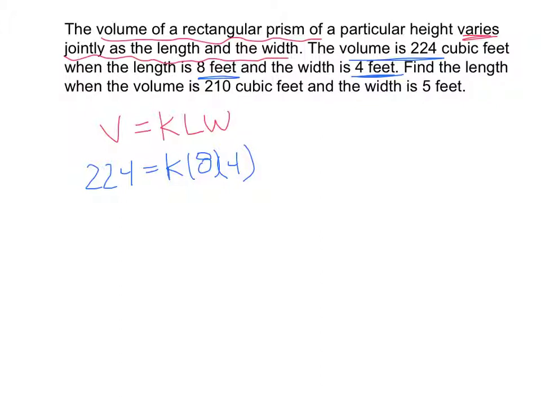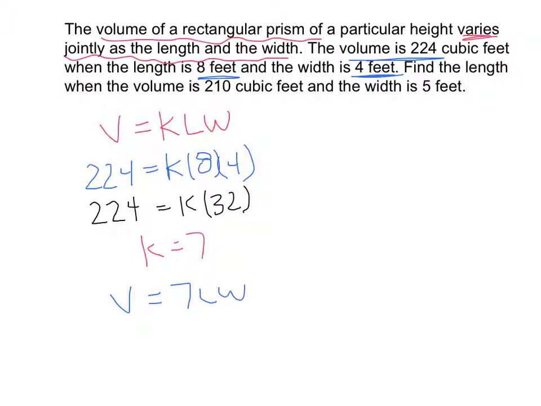So now we can just simplify and we can find k. 224 equals k times 32. So divide both sides by 32 and we're going to get k equals 7. So our specific equation for this problem is volume equals 7 times length times width.